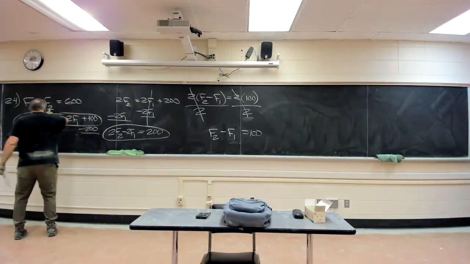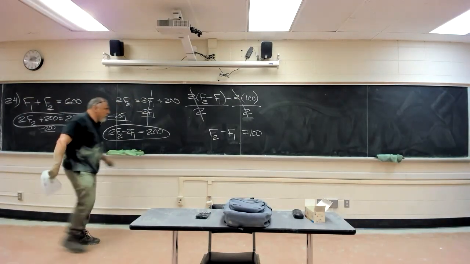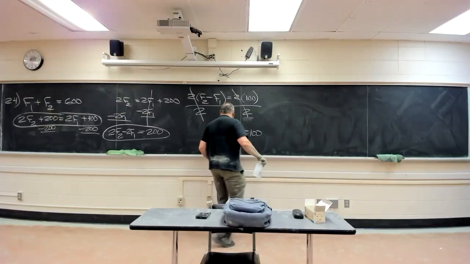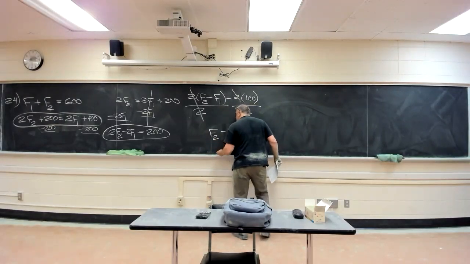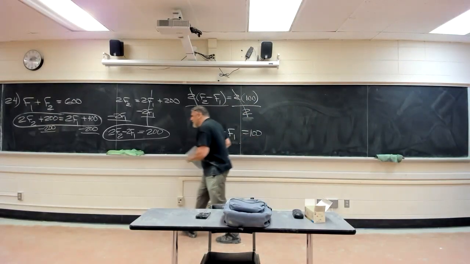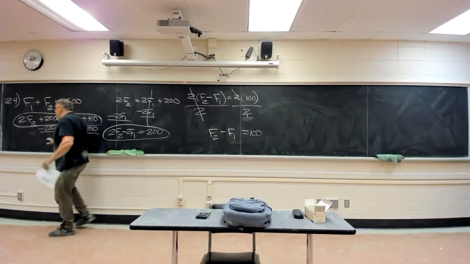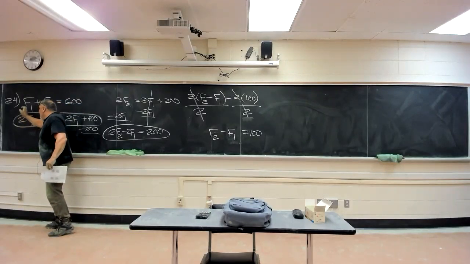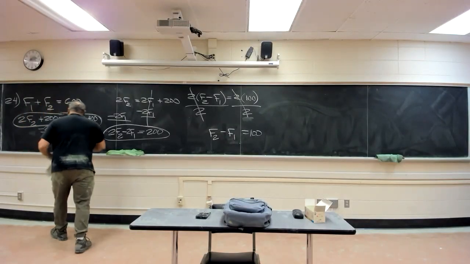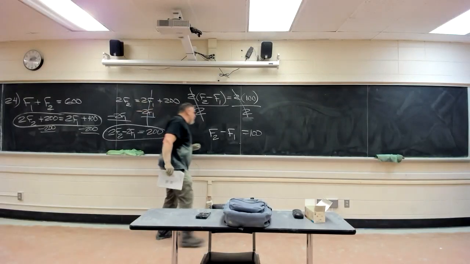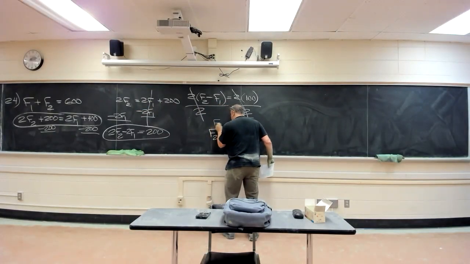This one is F1 plus F2 equals 600. F1 plus F2, just add them up in different orders, guys. It doesn't matter the order I add two things. F1 plus F2 equals 600. That's the same as F2 plus F1. You know where I'm going.